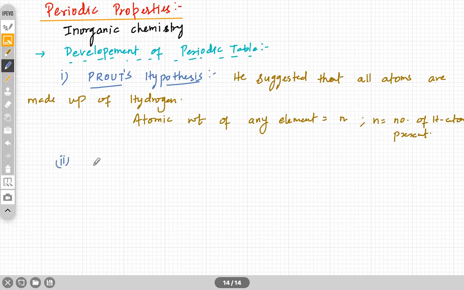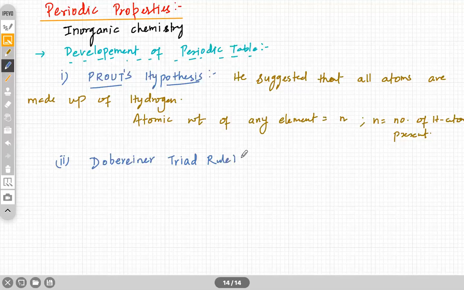The second one, which is a bit important, is Dobereiner's triad rule. Write down.